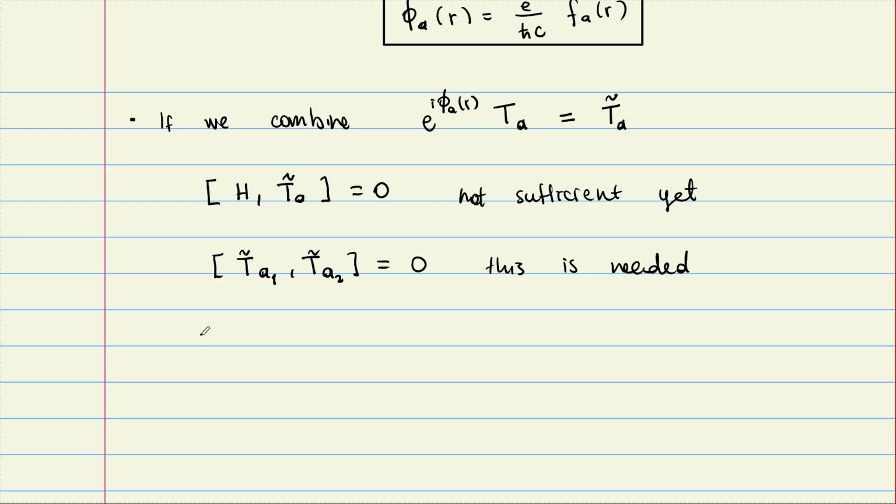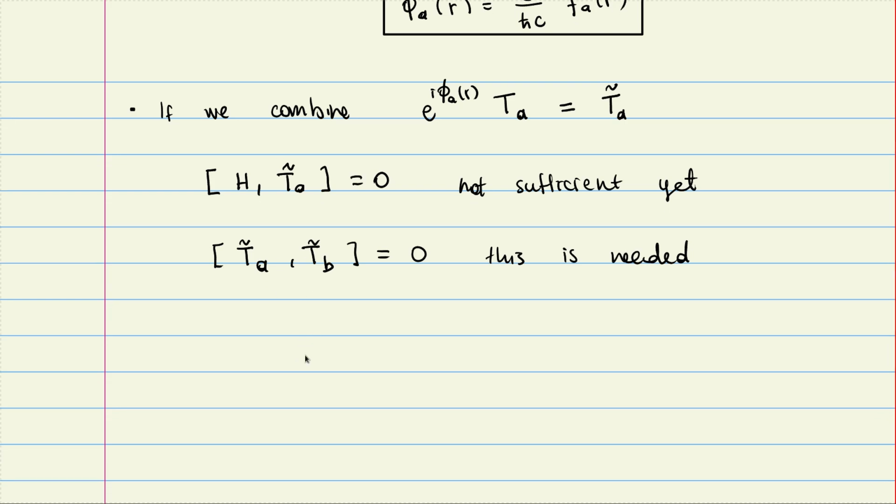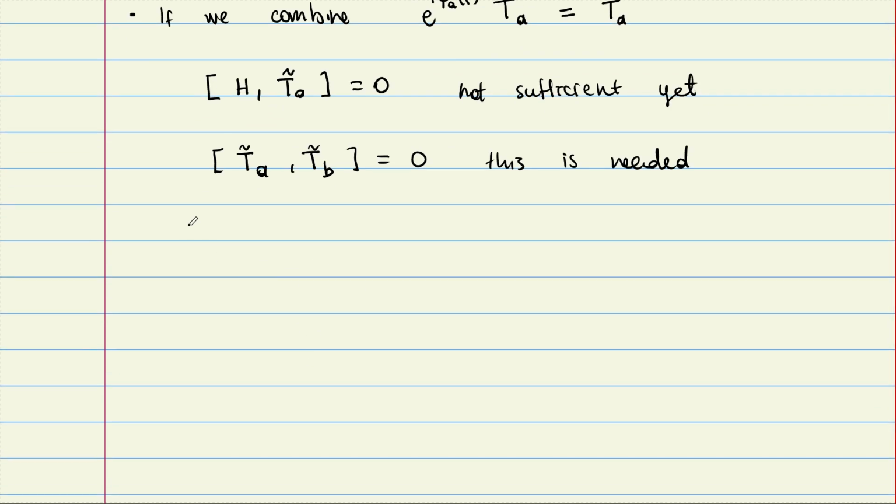So then let's write this. It's a little bit easier to write a and b, and also it's easier to read in that form. So what I want to calculate is t tilde a, t tilde b minus t tilde b, t tilde a. I want this thing to be 0.